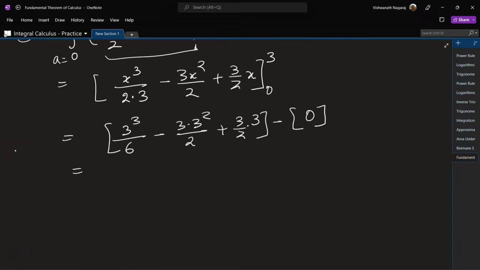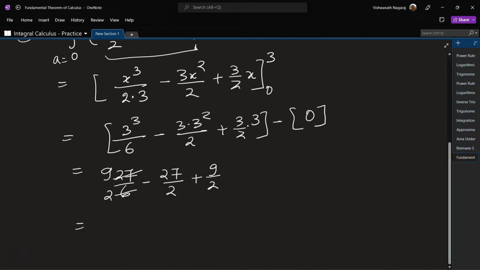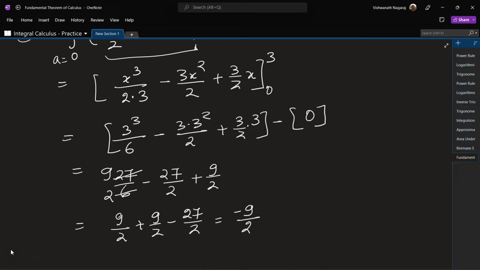So now 3 cube is 27 by 6, minus 27 by 2, plus 9 by 2, which gives us 9 by 2 plus 9 by 2 minus 27 by 2, which gives us 18 minus 27, which is minus 9 by 2.